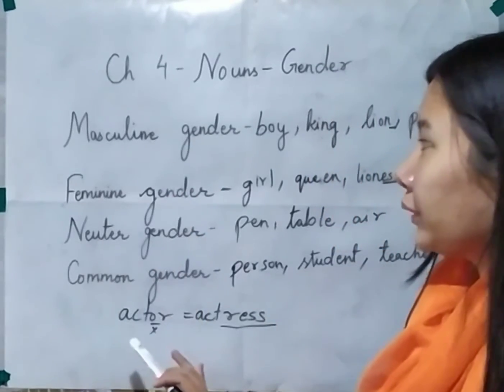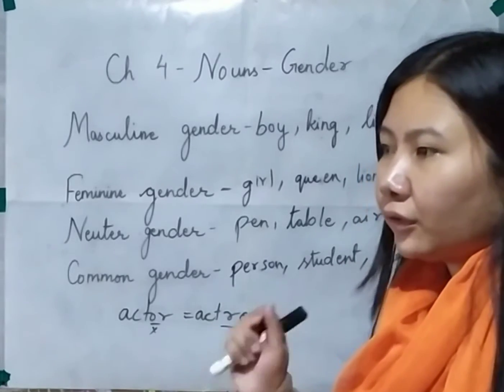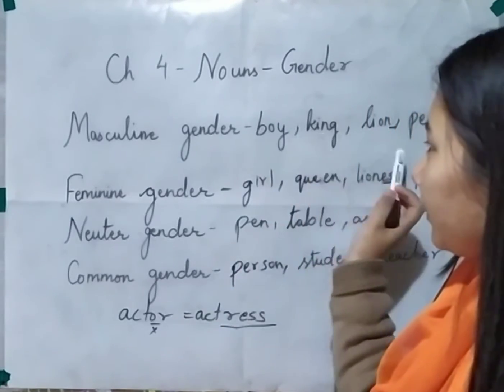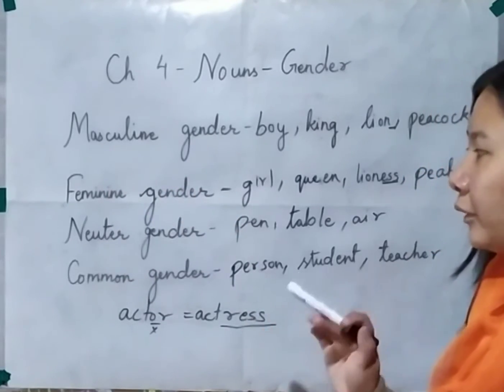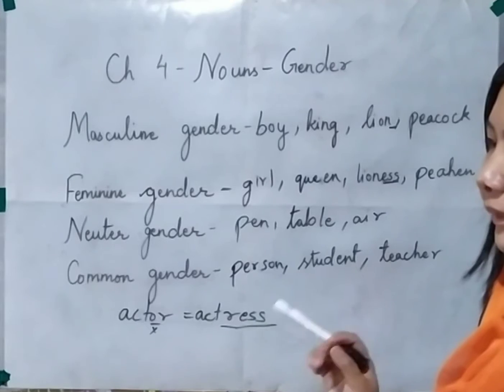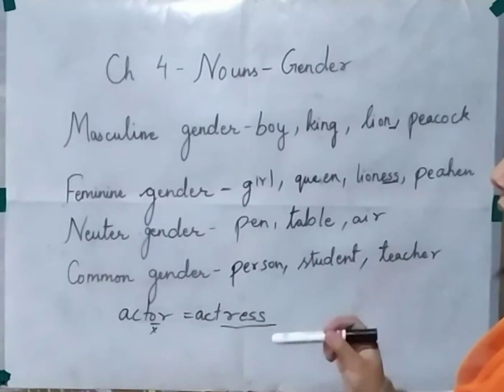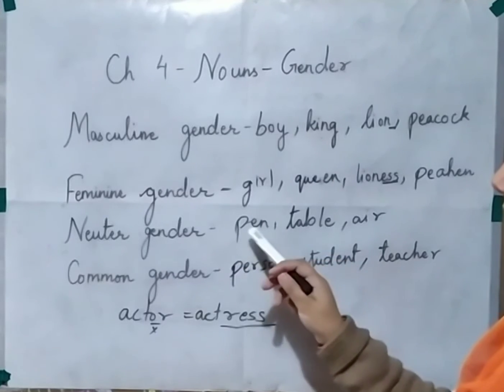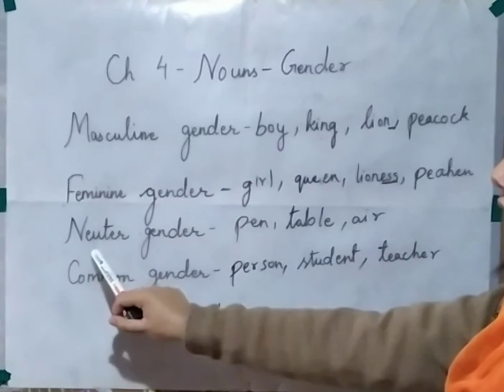So over here we saw that if there is the name of a male person or male animal, then such a name is an example of masculine gender. If there is the name of a female person or female animal, then such names come under feminine gender. If there is a noun that refers to a non-living thing like pen, table, air, then these nouns come under neuter gender.